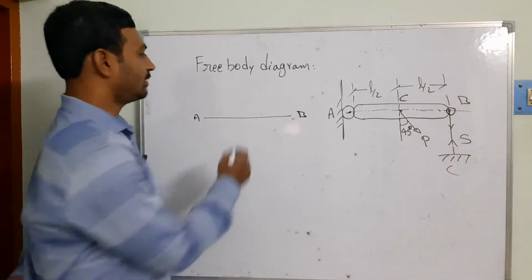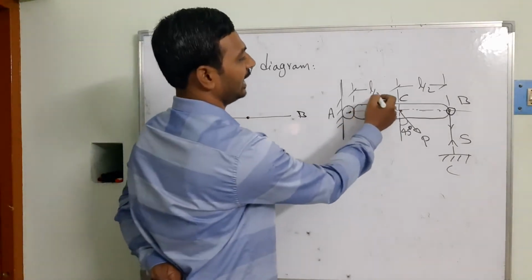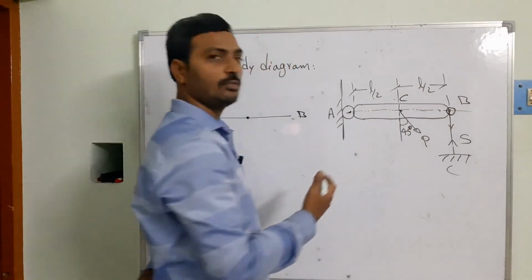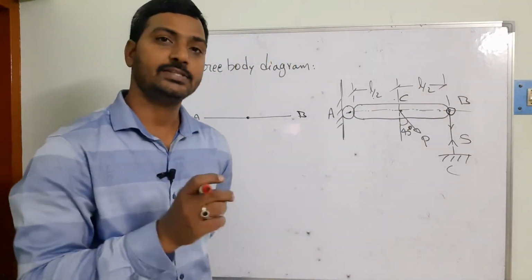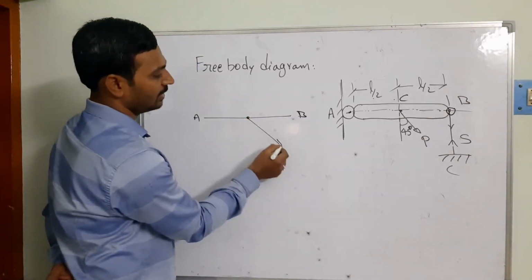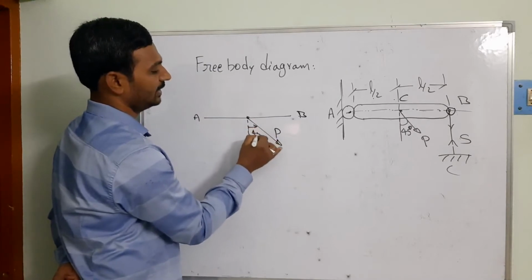So then at the point C, can you see the location of the point C is at L by 2 distance from one end A, and from the other end also it is located L by 2. It means that it is located exactly at the center of the beam. So then it is making the P with an inclination of 45 degrees.